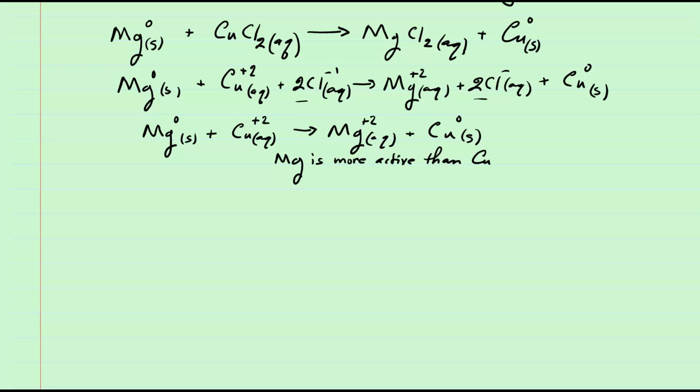So let's take a look at this last example to be more specific in terms of what is going on. In this case, you notice that the magnesium is a solid element, and it has no charge on it. It has an equal number of electrons to protons. However, when it finishes this reaction, the magnesium now has a +2 charge, and it's in solution.